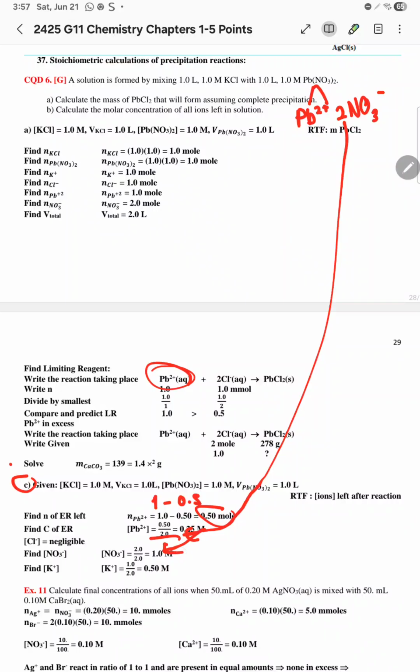And K, because look, you're gonna find whatever is left. We use the K and we use the Pb and we use the Cl to make PbCl2. What's left is the K and the NO3. And the K, now we're gonna do the exact same thing but divide by 1 because its coefficient is 1.